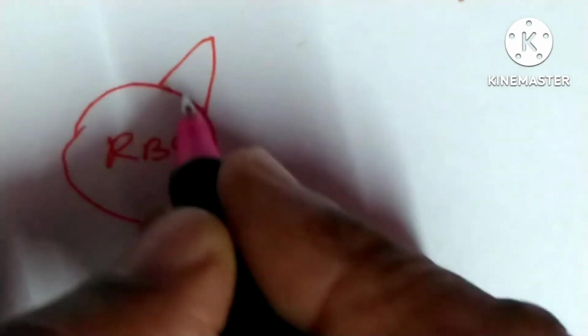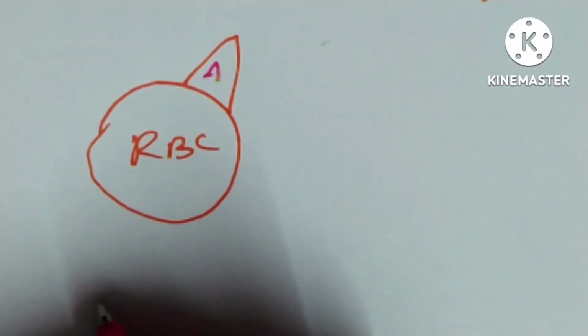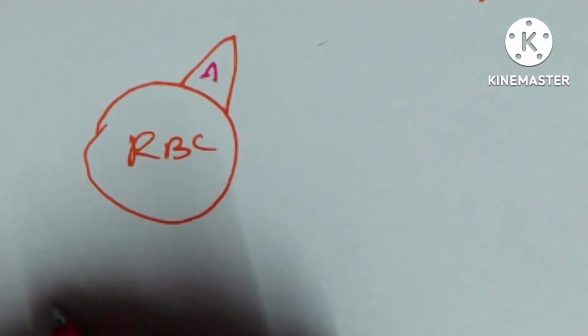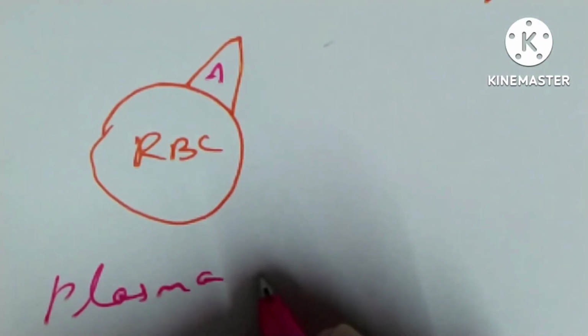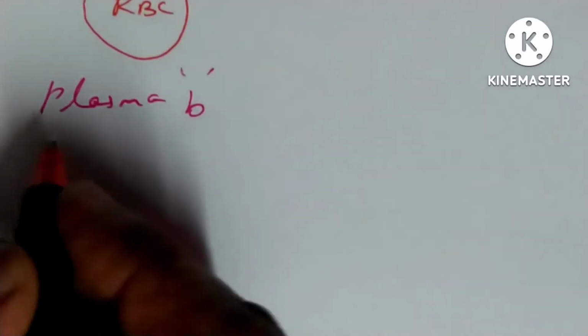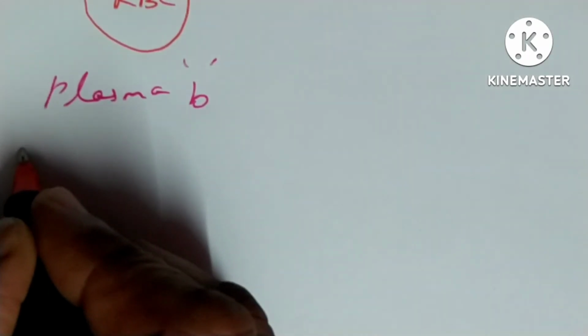If blood group is A, the antigen on the surface of the RBC is A. At the same time, in the plasma of a blood group A person, the antibody is B.